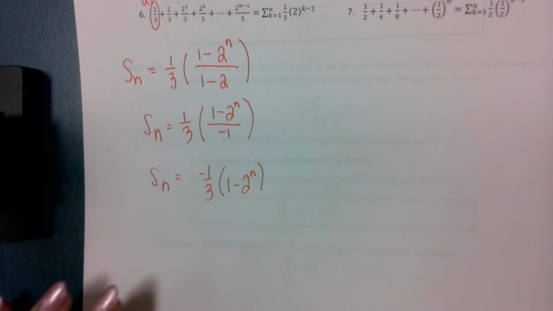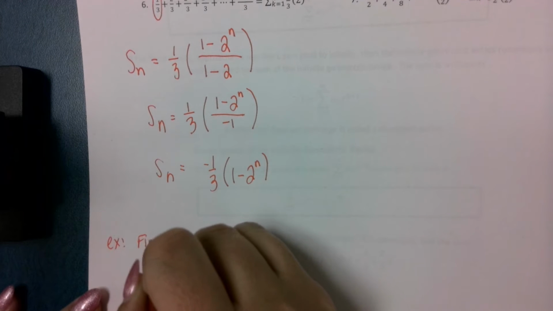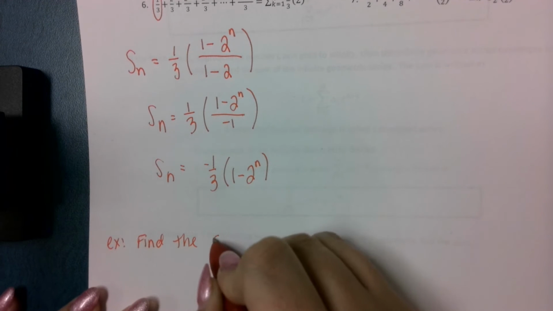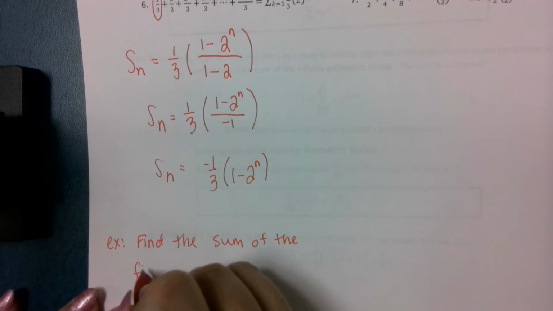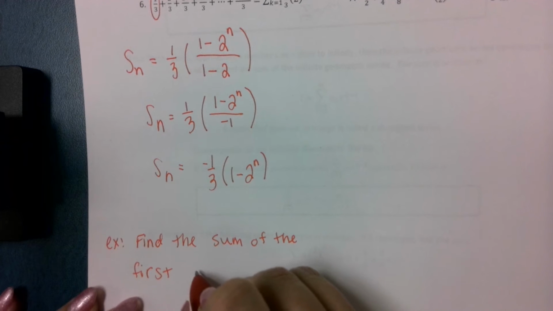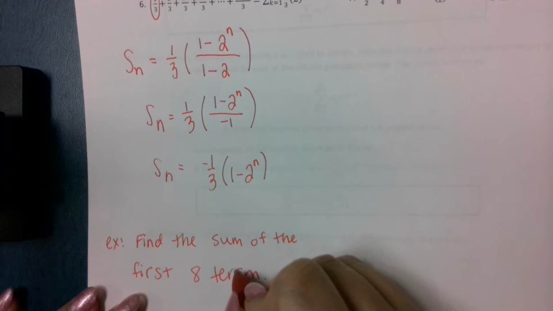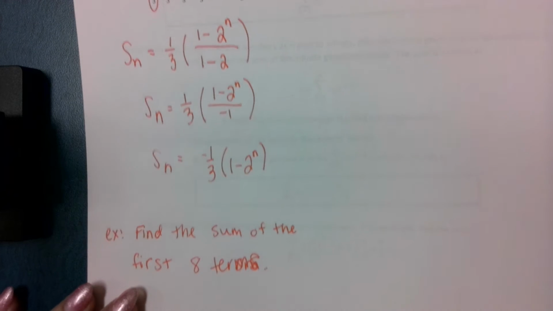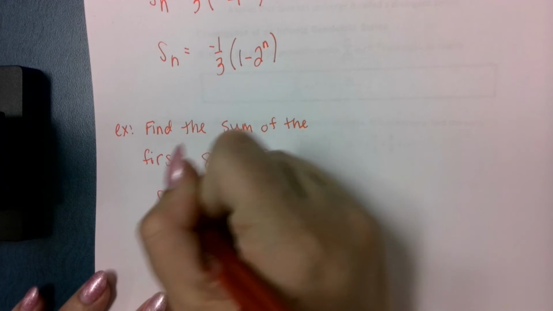So what does this mean? That means if I said, for example, find the sum of the first, let's say 8 terms. Well, I cannot spell right now. Terms. Okay, then I would say, well, I want to find the sum of the first 8 terms.